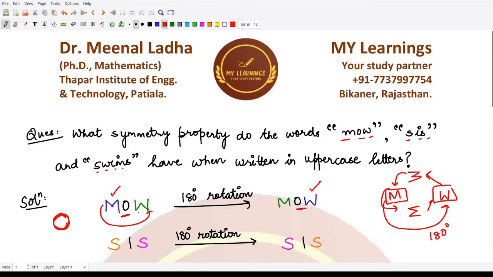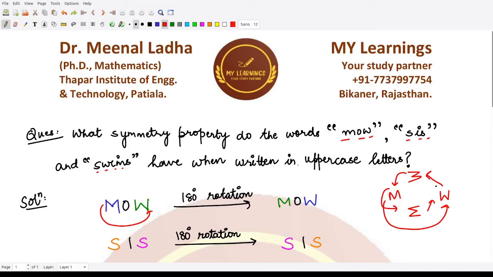What about this W? This W would be converted to this M by a similar process. So this is what happens to the word MOW. It remains the same when it is rotated by 180 degrees, correct? So that means it possesses this 180 degree rotation symmetry.